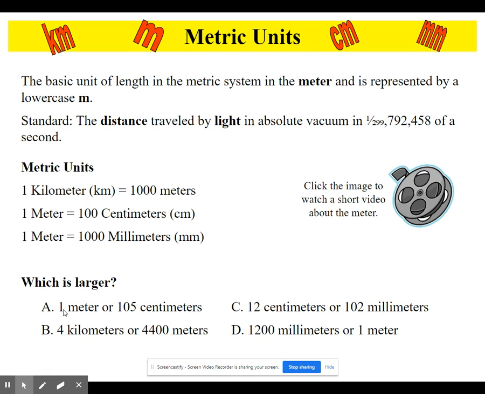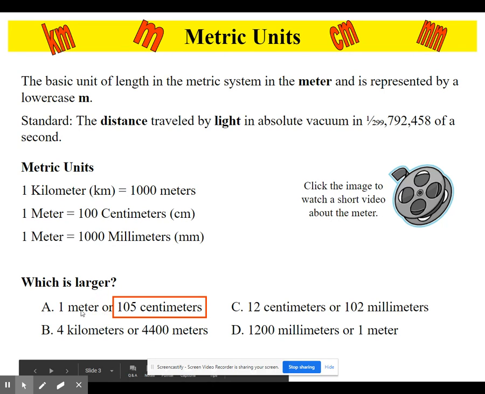That means centimeters is 2 places to the right of meter. So if my decimal's here, I'm moving 2 places to the right, rewriting my decimal. I know that it's 100 centimeters. So 105 centimeters is greater than 100 centimeters, therefore 105 centimeters is greater.